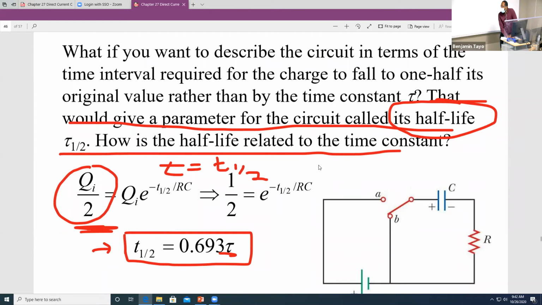Again, I don't think you guys need to worry about this half-life that much, but just think about it as the time that it takes for the charge to reduce by 50%. And I think it's just very simple mathematics, right?